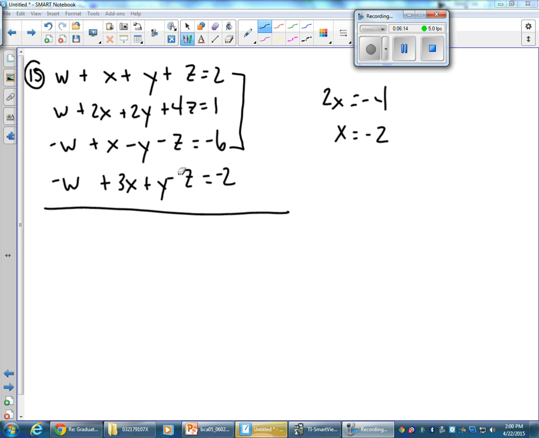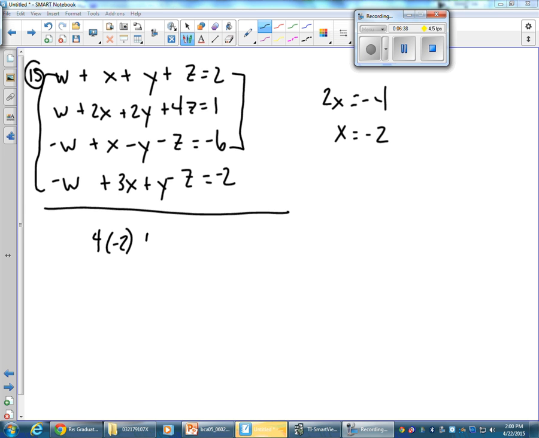Let's see. That helps me. If x is -2, then now I'm down to having just 3 problems. All right, now let's add together the first and the last line. And when I do that, the w's cancel. I get 4x, which I know what x is. It's -2.